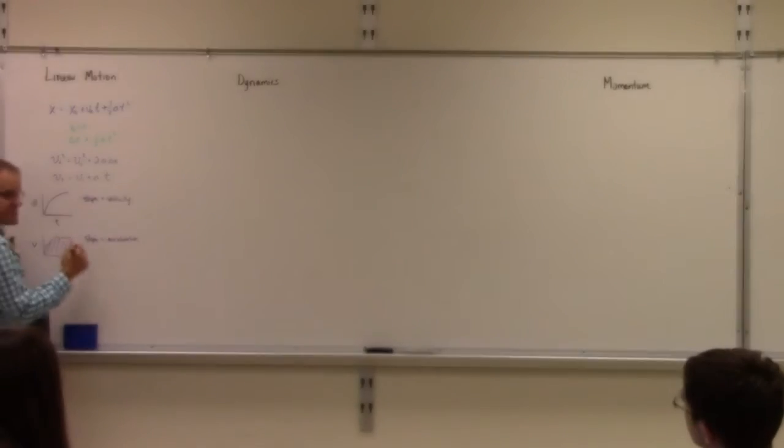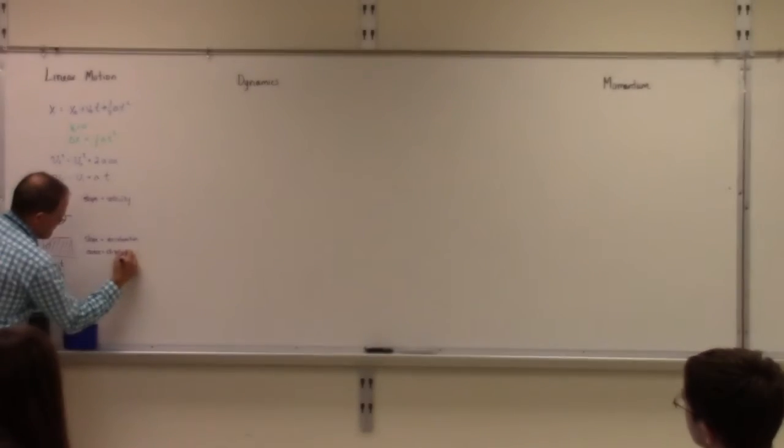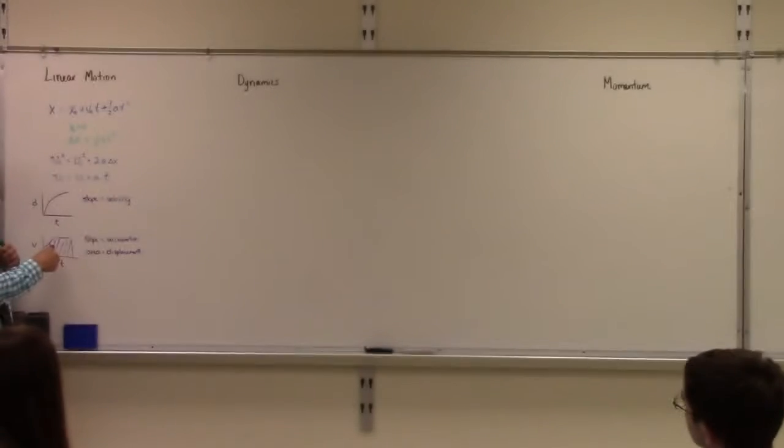It's the displacement. So the area is the displacement. If you're given a velocity versus time graph, the area under the graph tells you the displacement. Now, quick reminder, what's the difference between displacement and distance?